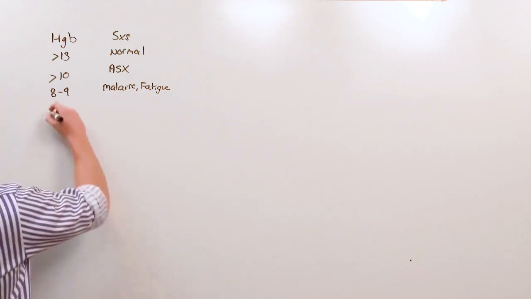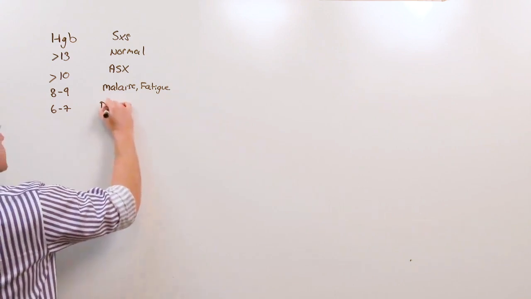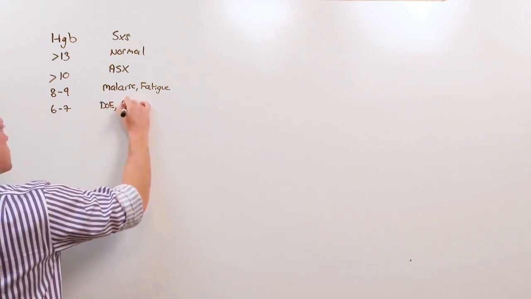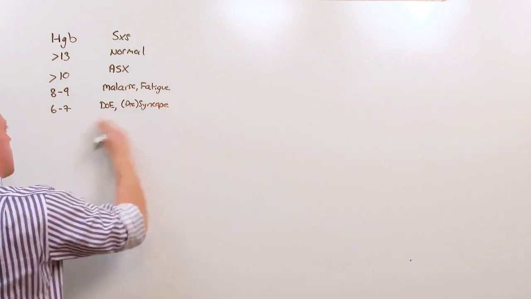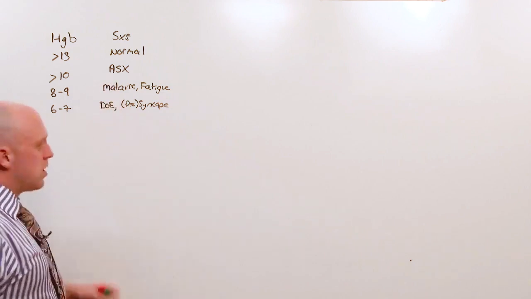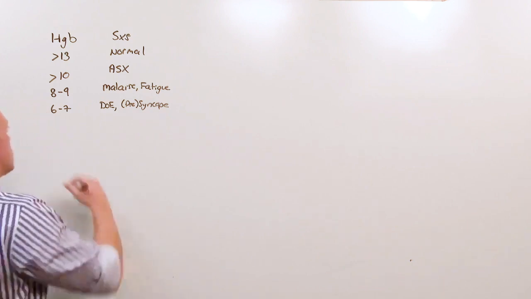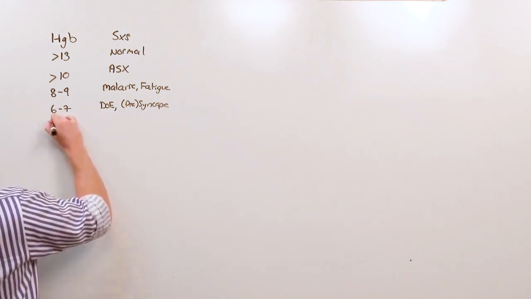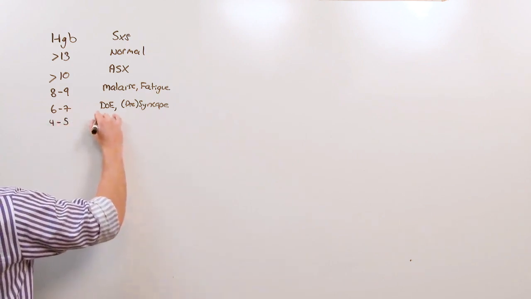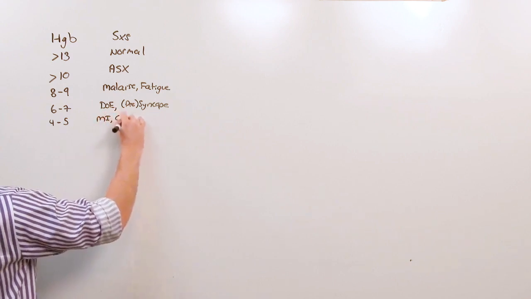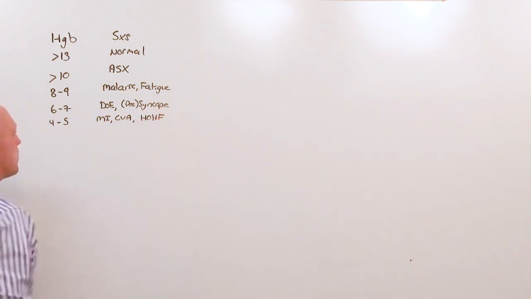Still, as the hemoglobin falls further, this is when they get dyspnea on exertion and pre-syncope. They're not just not able to finish the game, they can't make it across the field. And as they go even lower, this is when they begin to experience symptoms of death. MI, stroke, and high output heart failure.